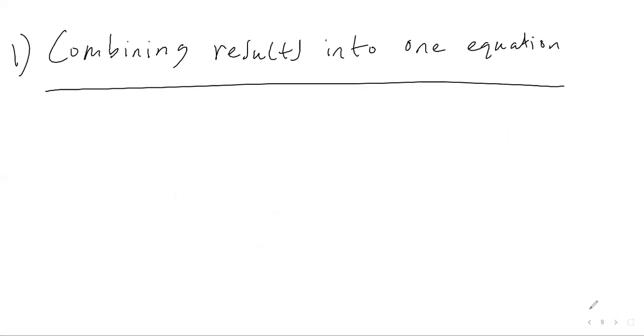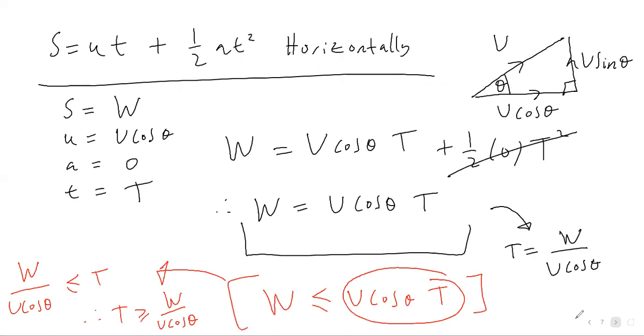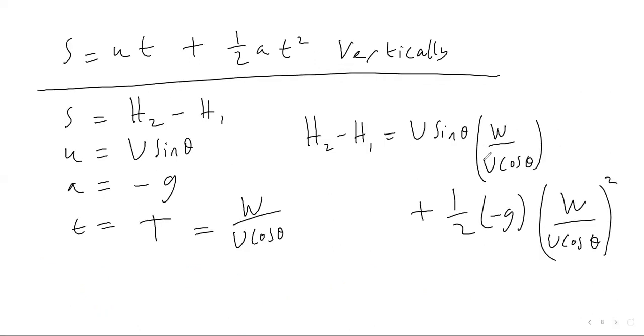What we're going to do on the next slide is copy out this equation again. So section number one in this video: combining results into one equation. What we're doing here is combining this vertical Suvat with this horizontal Suvat to form one equation. So I'm just going to copy out this equation that we got.